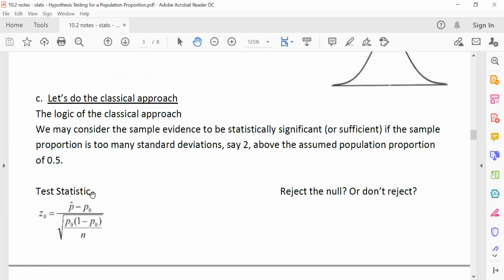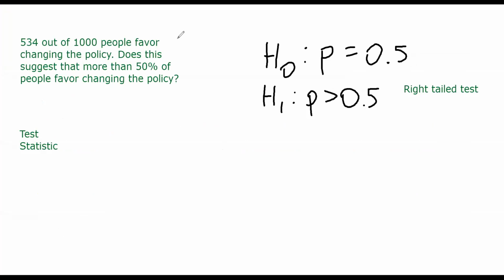It's this business down here: p hat minus P0 divided by the square root of P0 times 1 minus P0 over n. So p hat, which is 534 over 1,000, is 0.534.